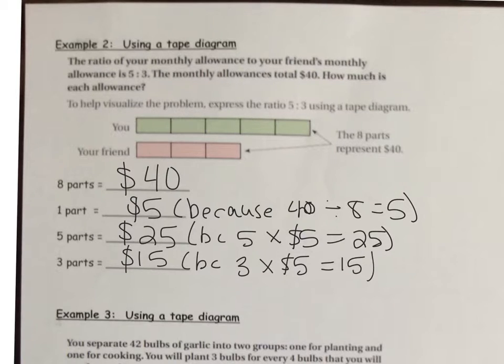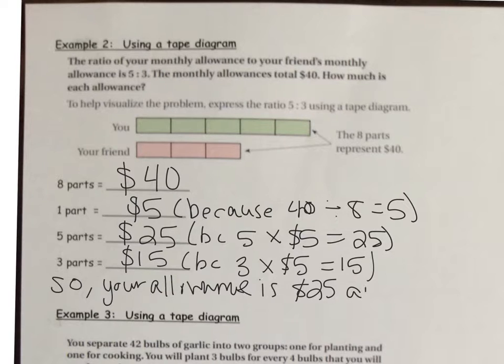So in conclusion, we're going to write down here, your allowance, it's hard to read, there we go, is $25 and your friend's is $15.